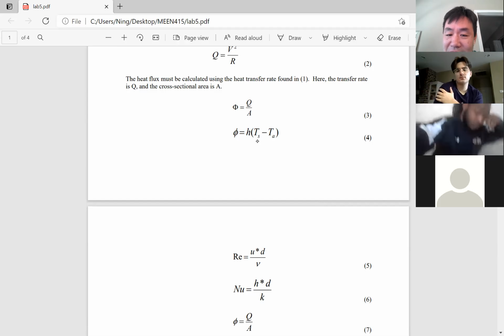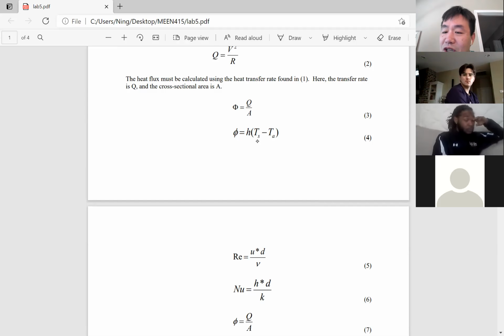So based on this relationship, since the wind speed is the same, H is the same. H doesn't change. So your heat flux is proportional to the surface temperature. If the surface temperature is higher, your heat flux is higher. From the handout, I just want you to plot phi versus delta T. So on each position, let's change 4 different surface temperatures.